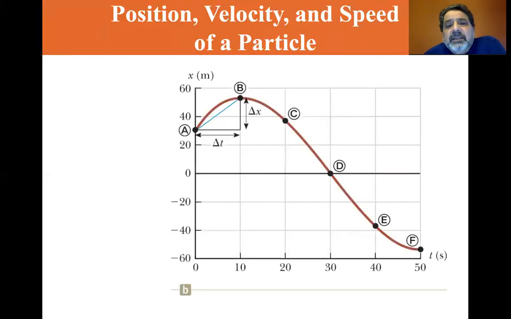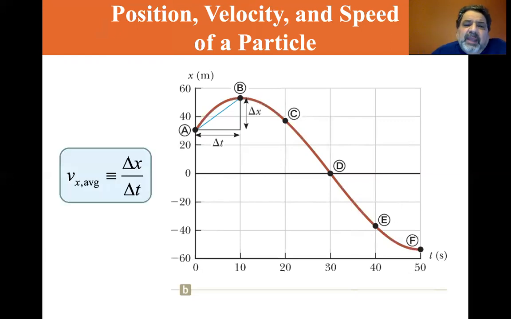So let's look at position, velocity, and speed of a particle. You can see that they have two quantities from A to B. They have a delta x and a delta t. From that we can determine that the average velocity is the change in x over the change in t, and it's basically a slope.